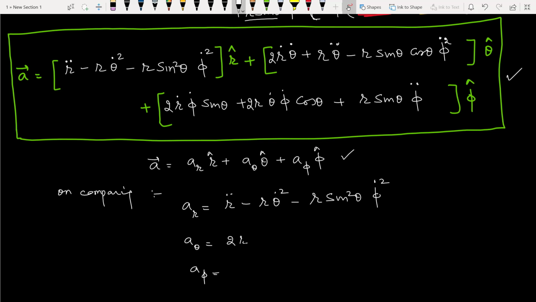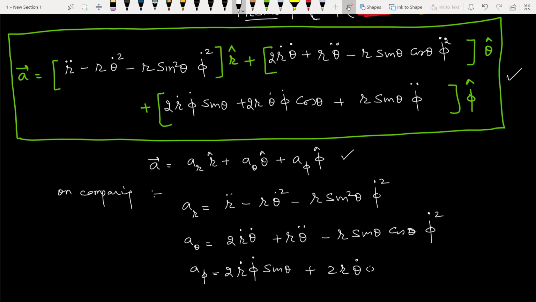Second is 2 r dot theta dot plus r theta double dot minus r sine theta cos theta phi dot square. Next is r dot phi dot sine theta times 2, plus 2 r theta dot phi dot cos theta plus r sine theta phi double dot.